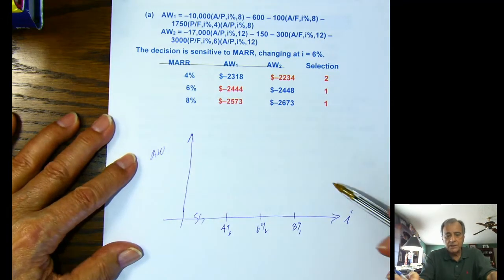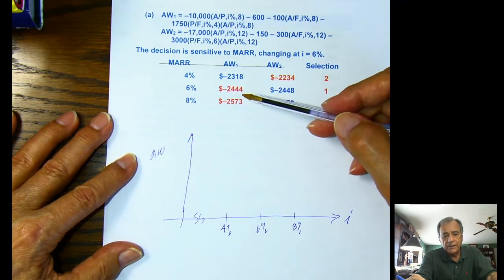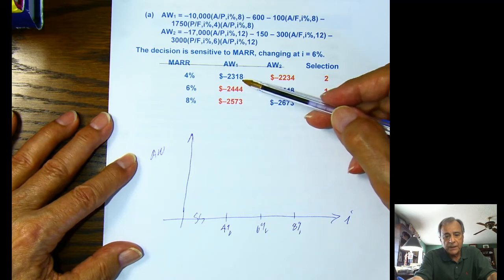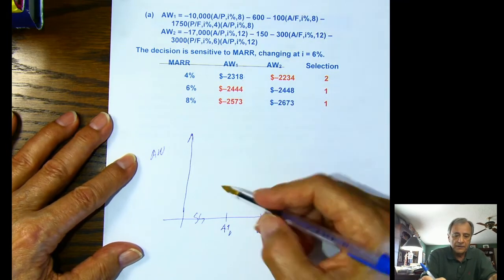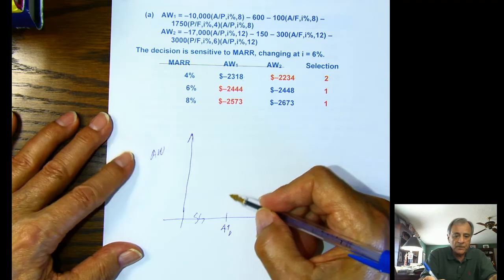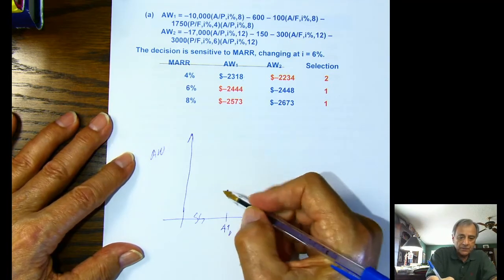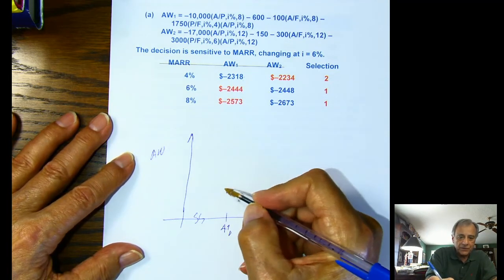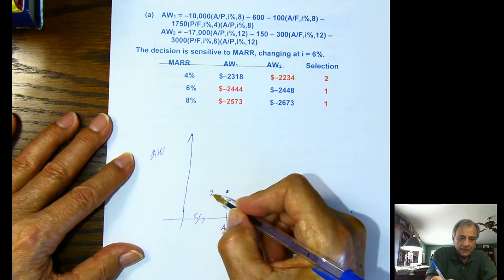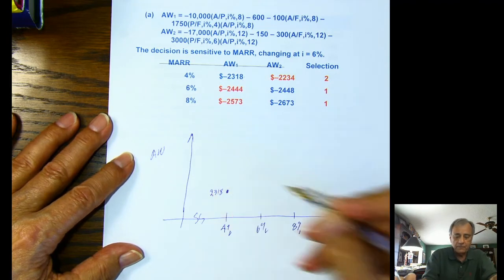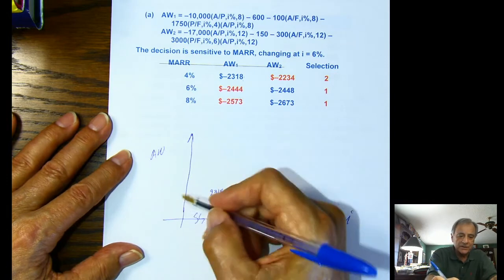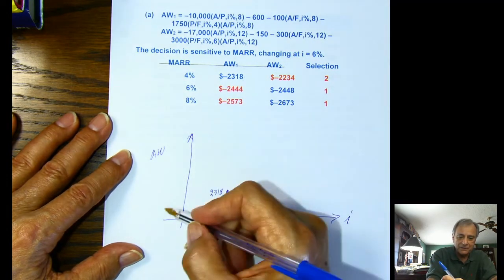If we look at system 1 and plot it, we have minus 2318. So I don't know how to make this to scale, so to speak. 2318, and this is negative. This is going in the negative direction.